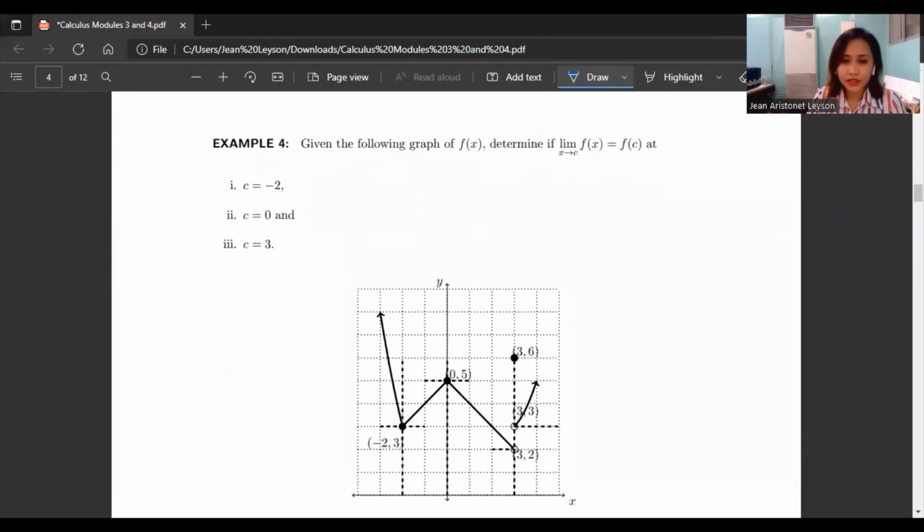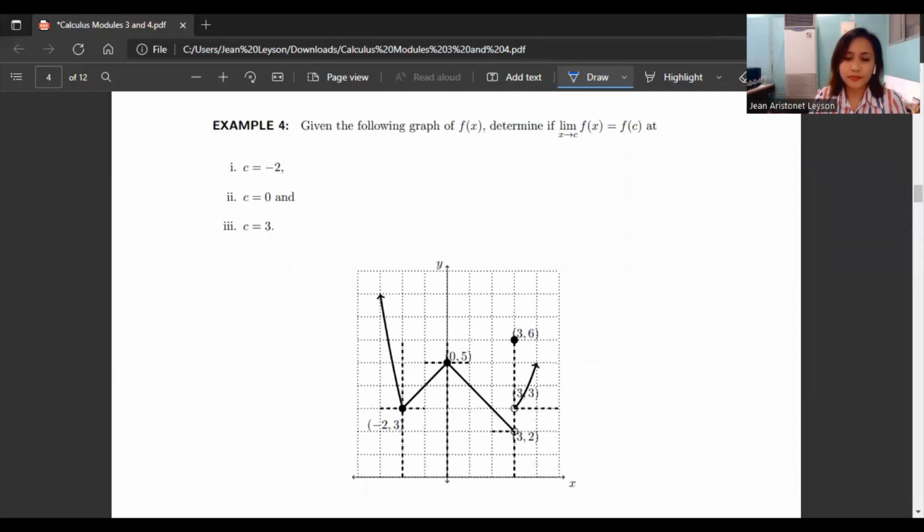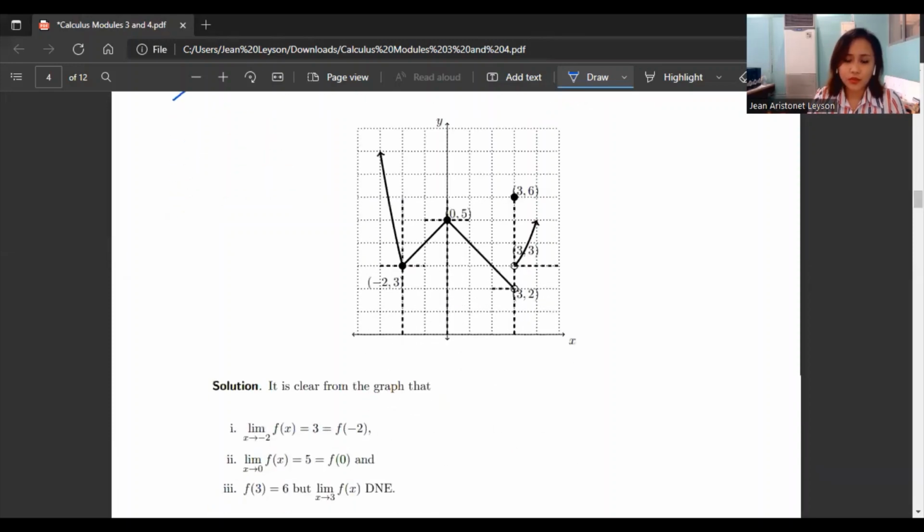Next, let's consider the given graph. Given the following graph of the function, determine if the limit of f of x as x approaches c is equal to f of c at these given values. Number 1, the limit of the function as x approaches -2.